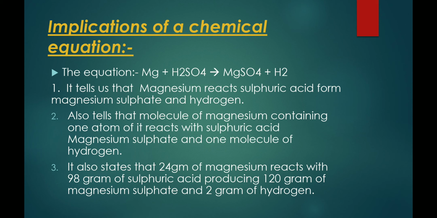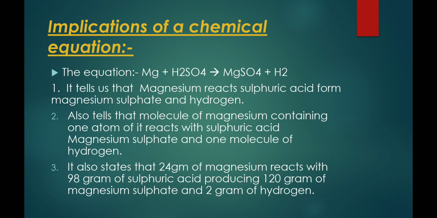That is, magnesium plus sulfuric acid gives magnesium sulfate plus hydrogen gas. So the equation tells us that magnesium reacts with sulfuric acid to form magnesium sulfate and hydrogen.